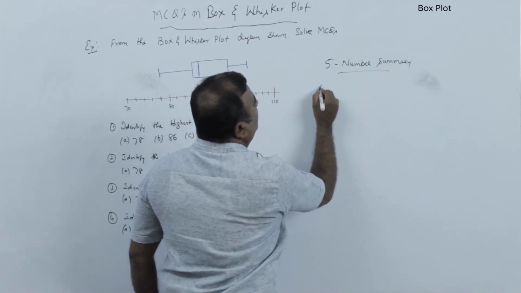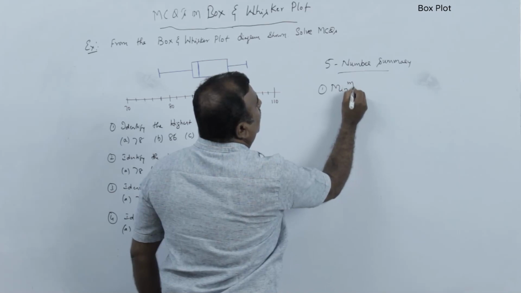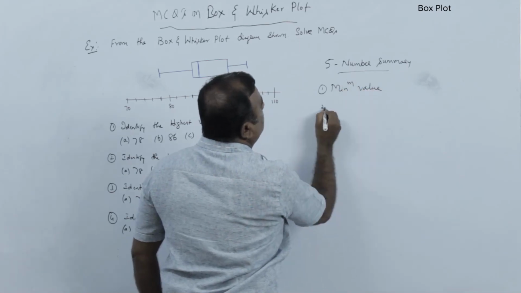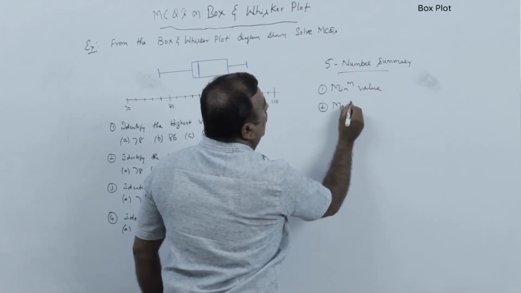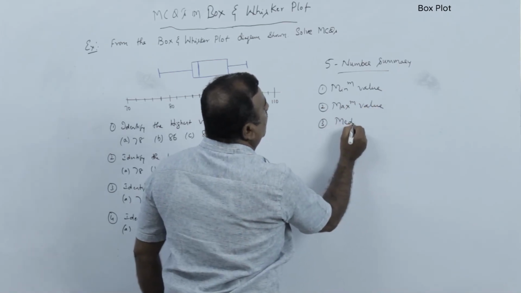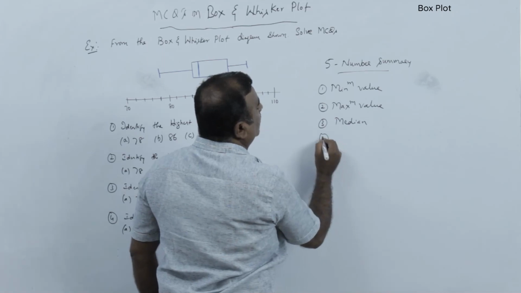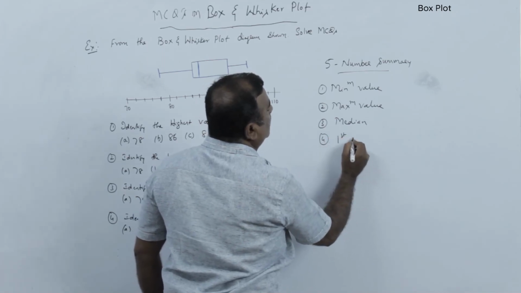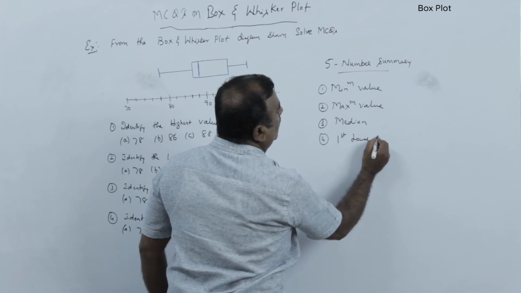First one is the minimum value. Second one is the maximum value. Third one is the median. Fourth one is the first lower quartile.